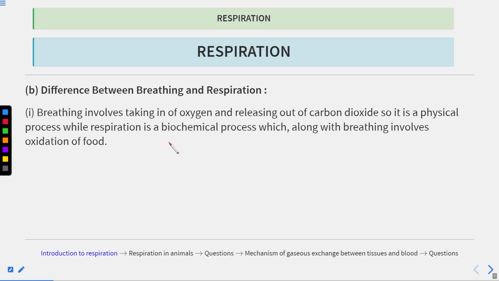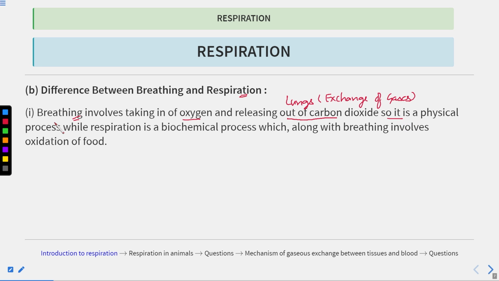Now let's study the difference between breathing and respiration. Breathing involves taking in oxygen and releasing carbon dioxide. And where is this taking place? This is taking place in the lungs. In the lungs, the exchange of gases takes place. So there is intake of oxygen and release of carbon dioxide.